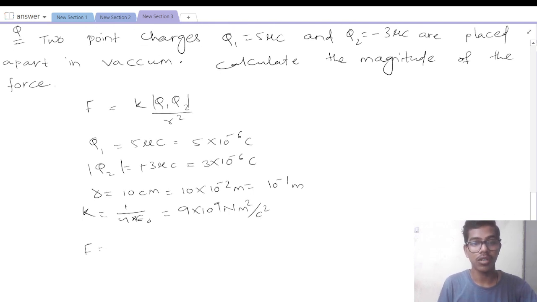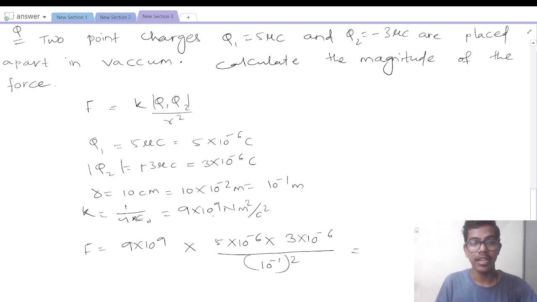So F is equal to 9 into 10 to the power 9 into 5 into 10 to the power minus 6 into 3 into 10 to the power minus 6 divided by 10 to the power minus 1 square, which is equal to 10 to the minus 2.